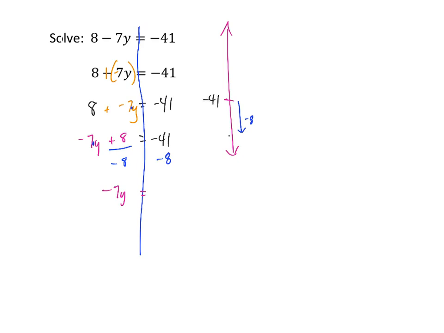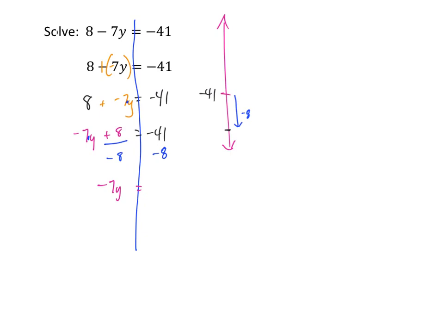So where would I land? Because some of you will tell me that we're going to land at negative 33. But negative 33 is up here. 0 is way up here. Okay? So I'm going to be at negative 49. So this equals negative 49.